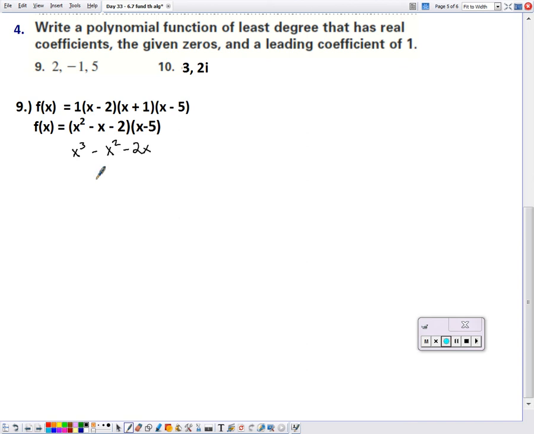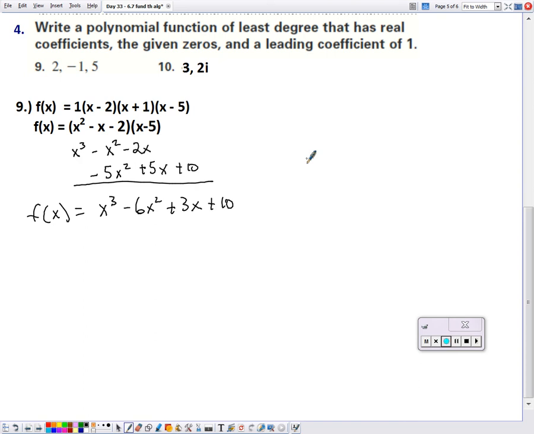Then I'm going to distribute minus 5, and I'm going to kind of line everything up again. And then my final answer for number 9 is going to be f of x equals x cubed minus 6x squared plus 3x plus 10.